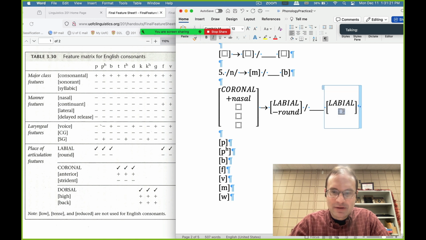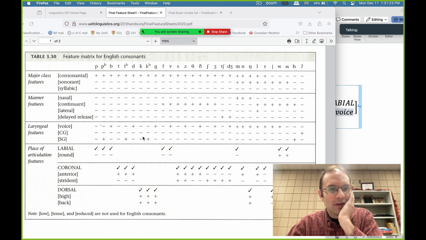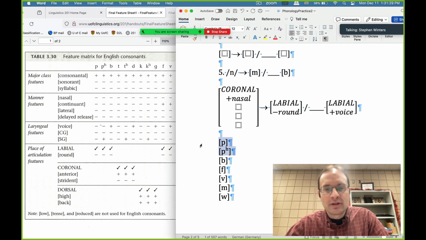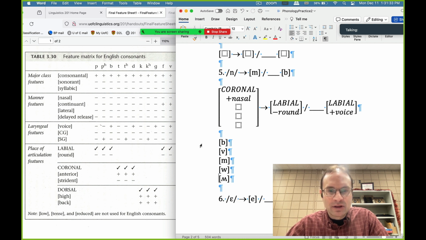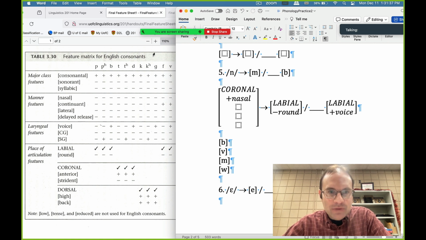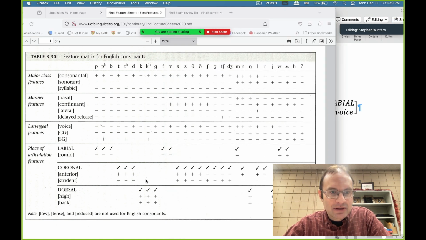Come on. Yeah, so B is plus voice right here. So that is going to eliminate these two guys. It's going to eliminate that. It's going to eliminate that. Now we're down to 4. What about the rest? We got B, we got V, we got M, and we got W.